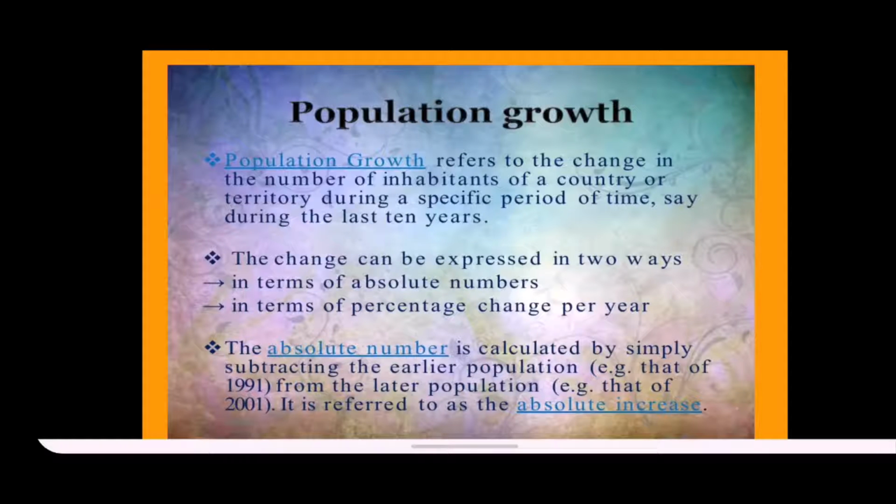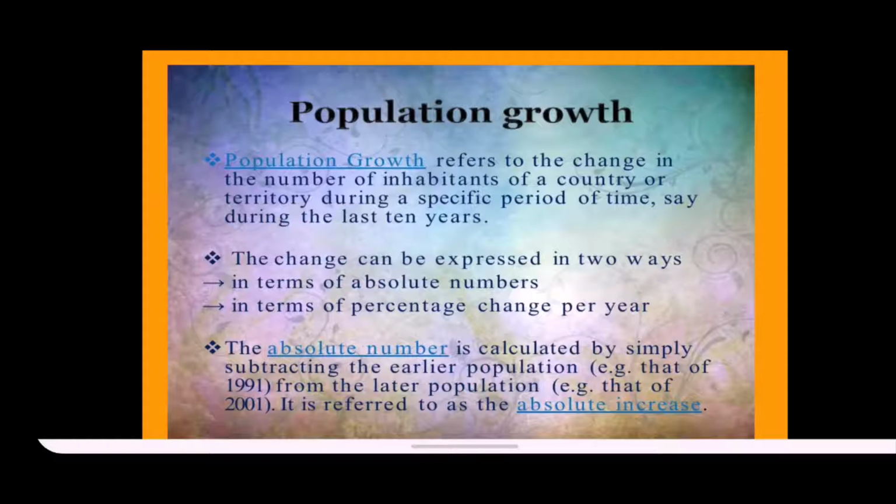Now, how do we get the absolute number? The absolute number is the magnitude, or the actual size, of the growth of population. It can be obtained by simply subtracting the earlier population from the later population. For example, the population of 2001 will be subtracted from the population of 2011.